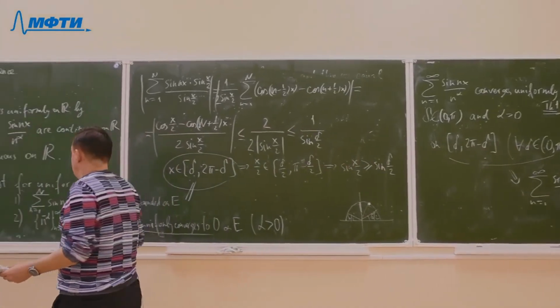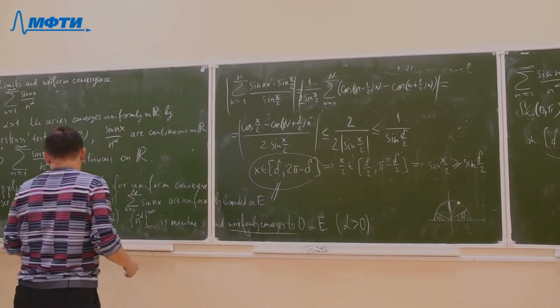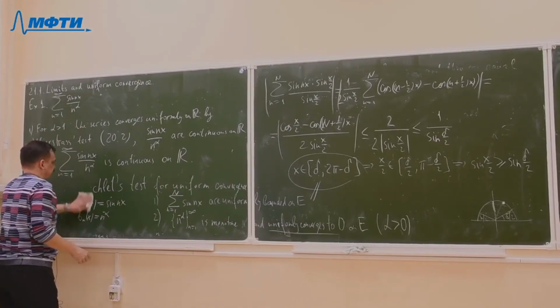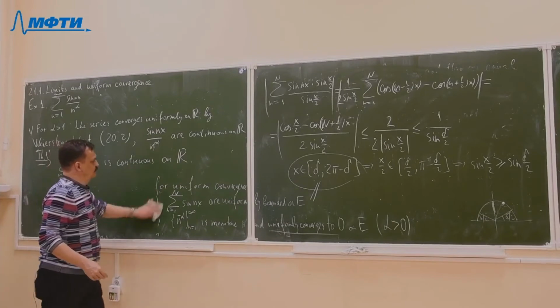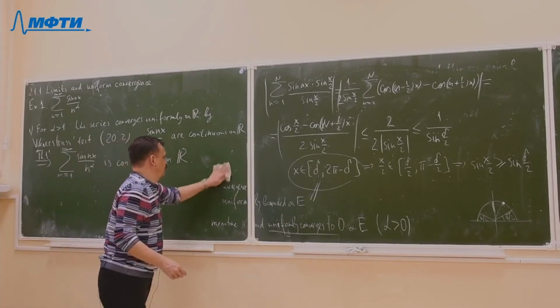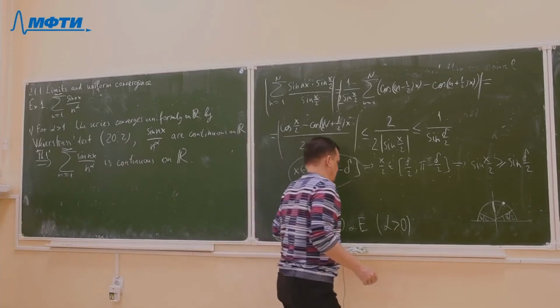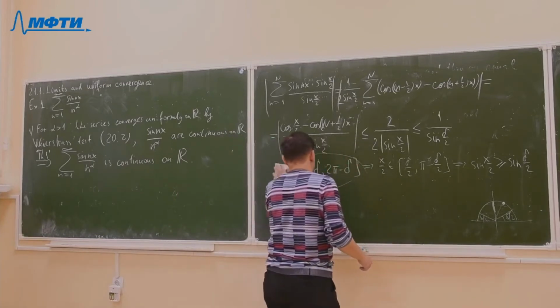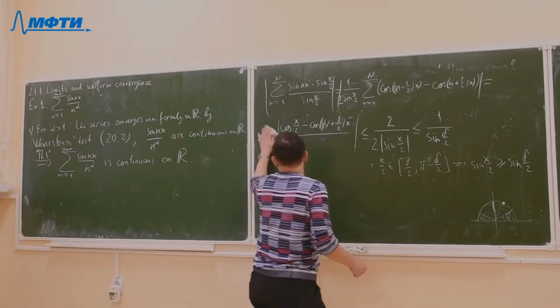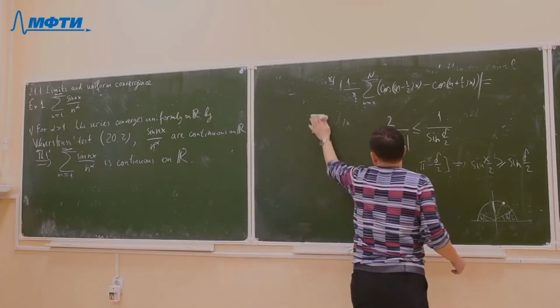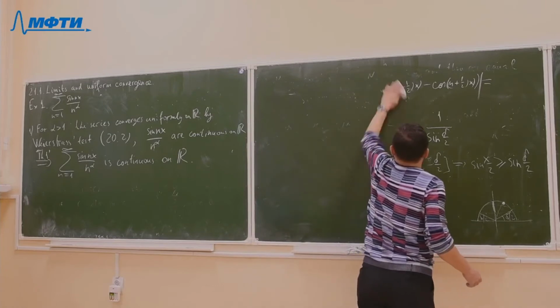And the question is, what about alpha non-positive? What about uniform convergence for non-positive alpha? And also, what about uniform convergence on the whole interval 0 to pi? Here also.